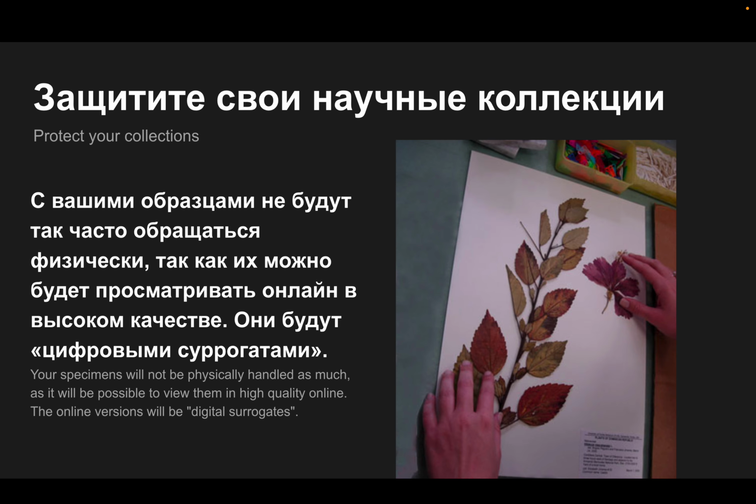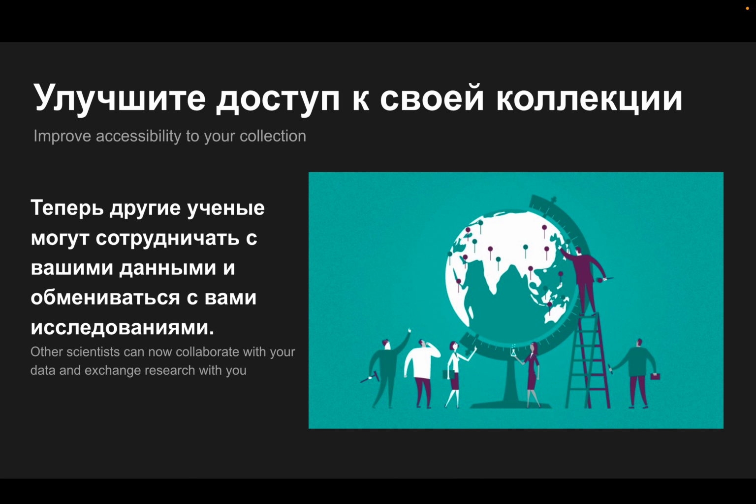It also means that because people can view high quality online pictures of your specimens, they're not going to be physically handled as much. And other scientists will be able to collaborate and find you and exchange research with you.